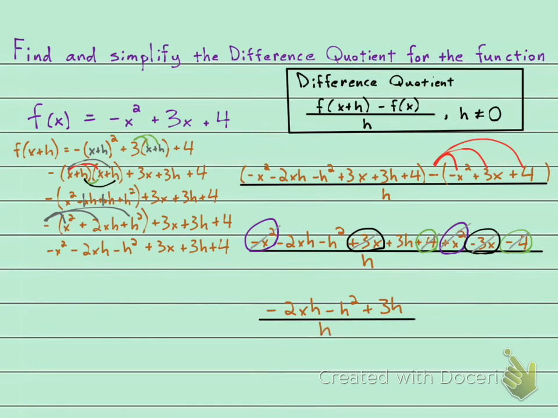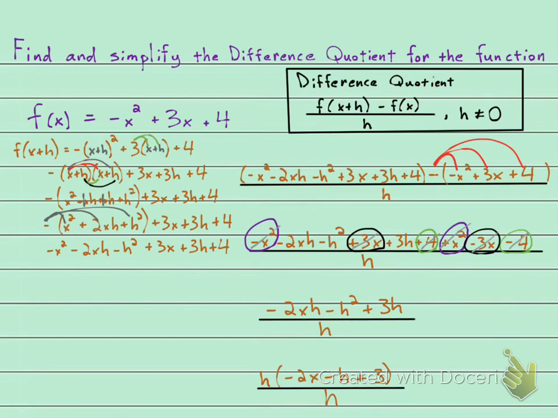Now, one more step to simplify. I realize that every term in the numerator has an h that I can factor out. I can factor out an h out of each term in the numerator. When I do that, I'm going to have an h out in front, and I will be left with negative 2x minus h plus 3.